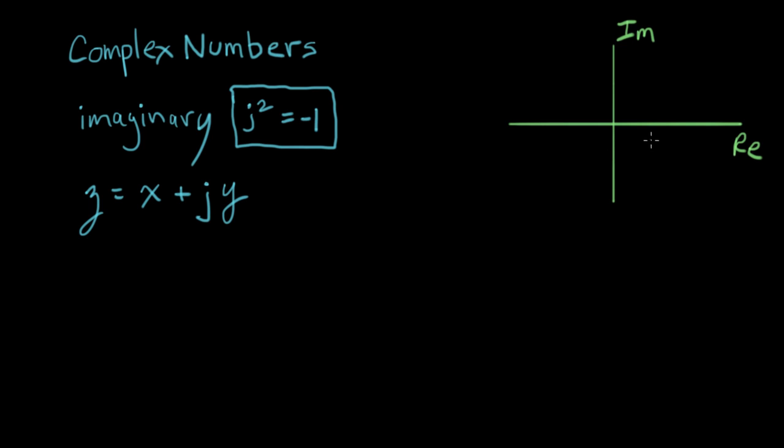If I have a complex number z, I could represent it on this plane by going over a distance x and up a distance y. That will give me a point, and that's z.